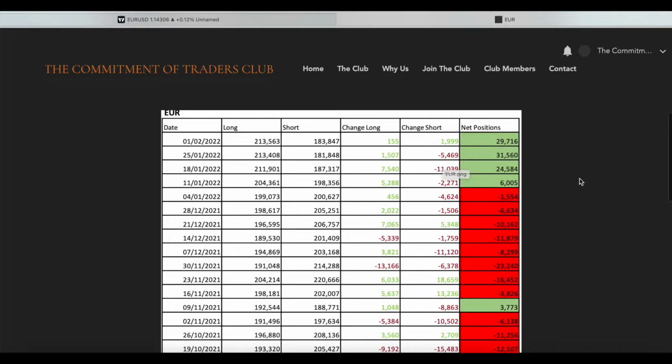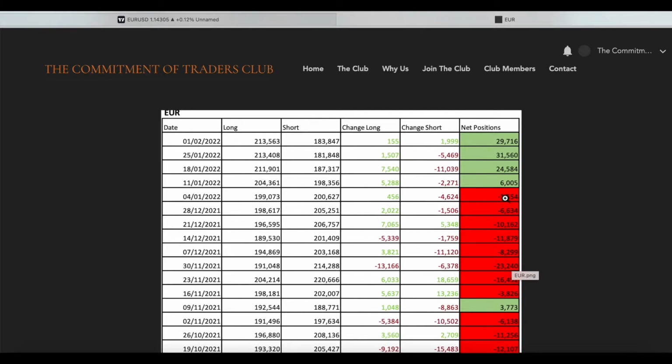And what we can see here is overall, the banks and institutions have gone from having minus 23k net positions to the short side. So for those of you that don't know, the banks have got more of their assets aimed at shorting Euro USD. Again, these are compared to the US dollar.